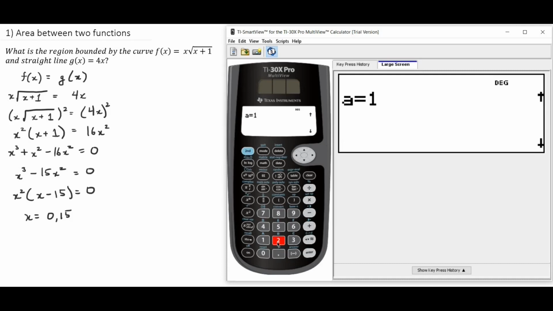So our a value is 1. Our b value is minus 15. Our c value is 0.